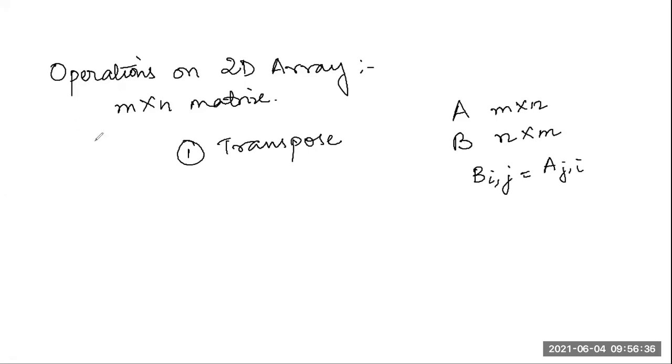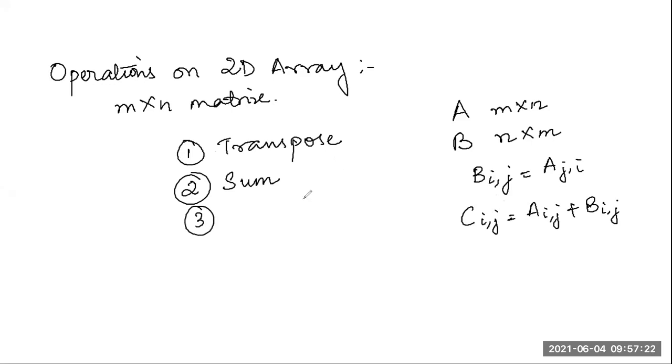The second operation allowed on matrices was sum, that is, addition. If the two matrices are compatible with each other, they can be added together and the result stored in a third matrix. When do we say that two matrices are compatible? When they have the same number of rows and columns.